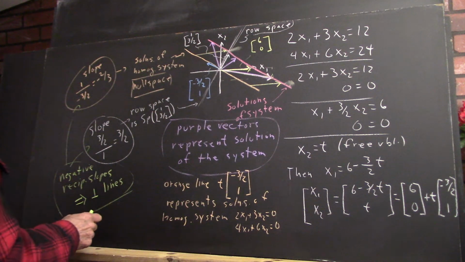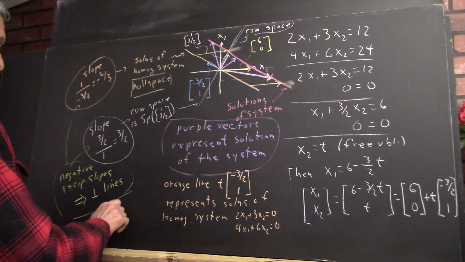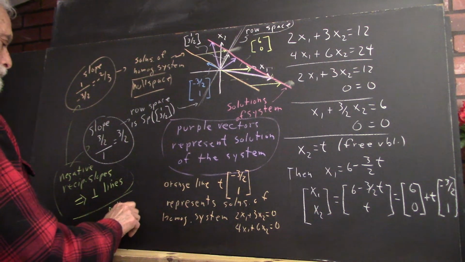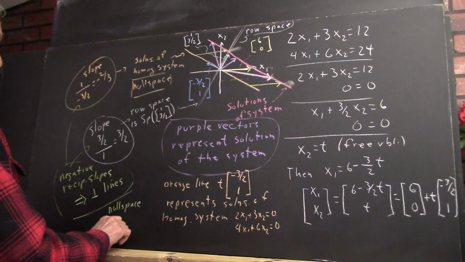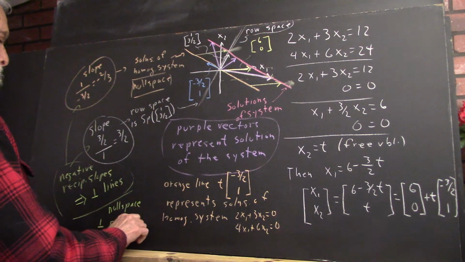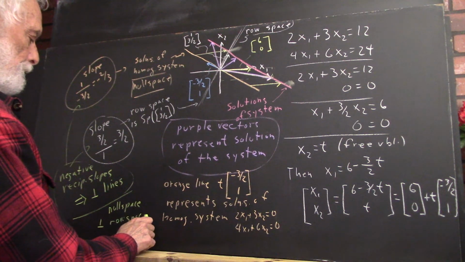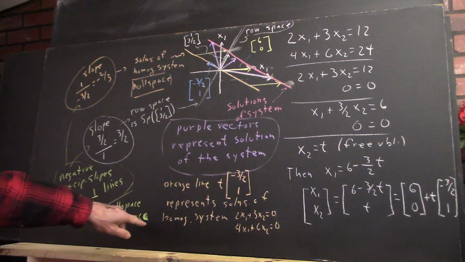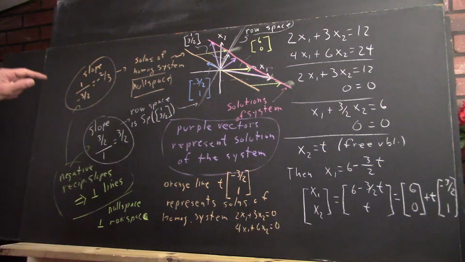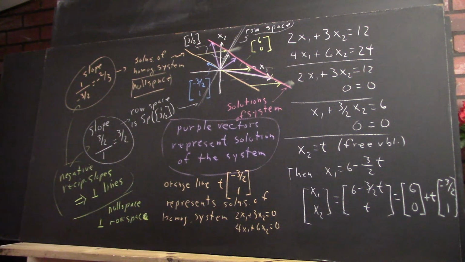So your null space is perpendicular to your row space.